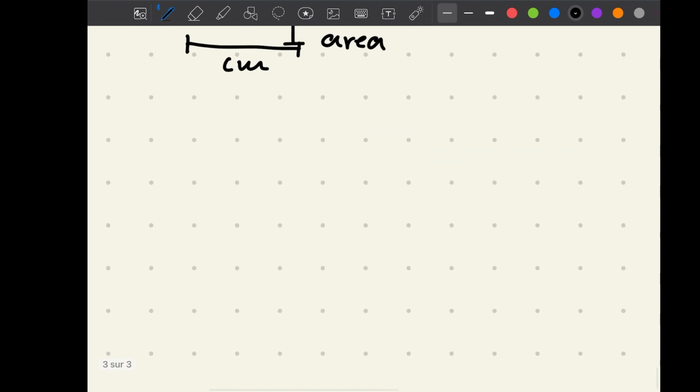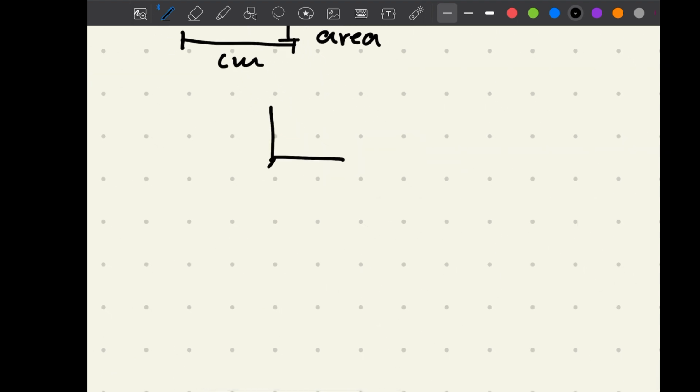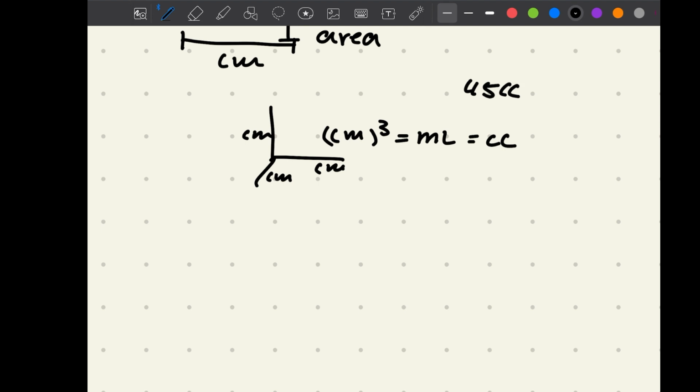But to find volume, you can do it in 3 dimensions, and you can say centimeters, centimeters, and centimeters, and it will give us centimeters cubed. This is also known as milliliters, or if you're into medicine, it's called cc's. So when you hear somebody say, give this person 45 cc's of a certain medicine, it just means 45 milliliters of a medicine.